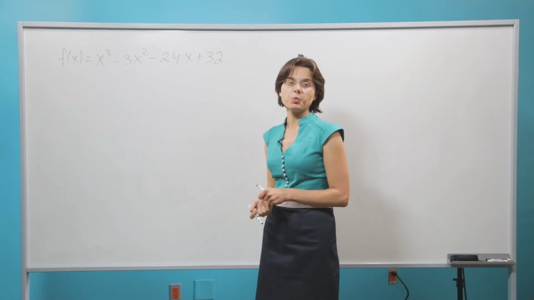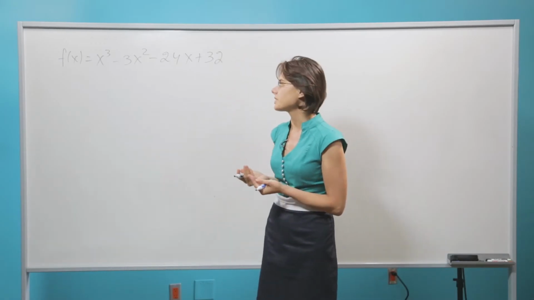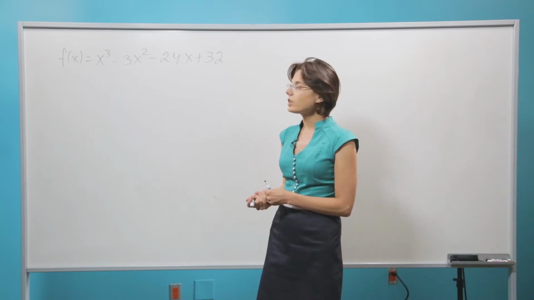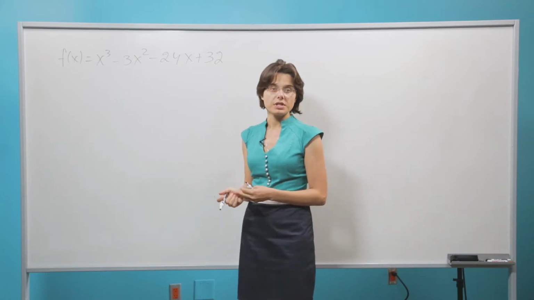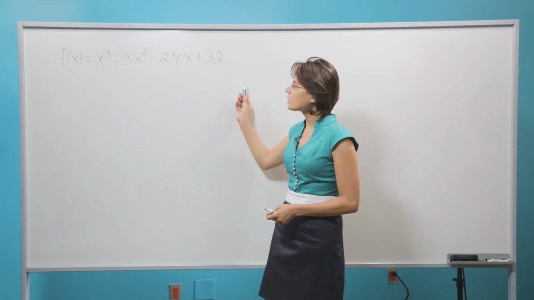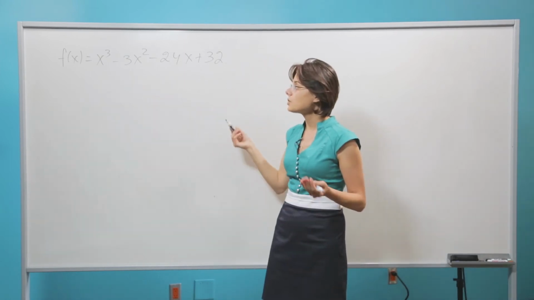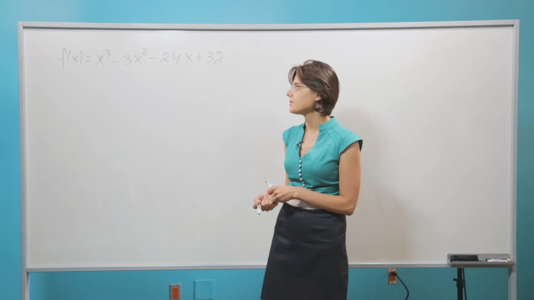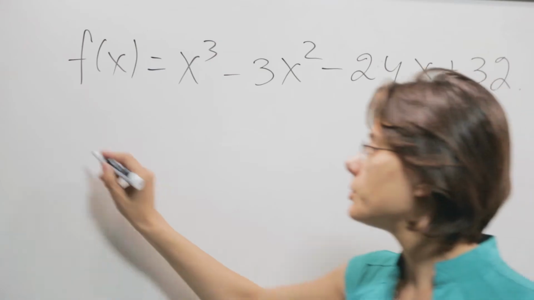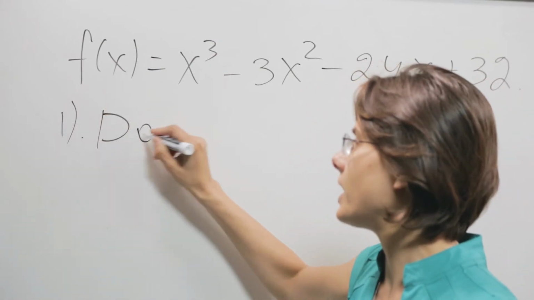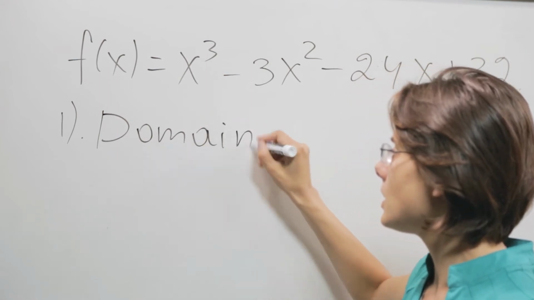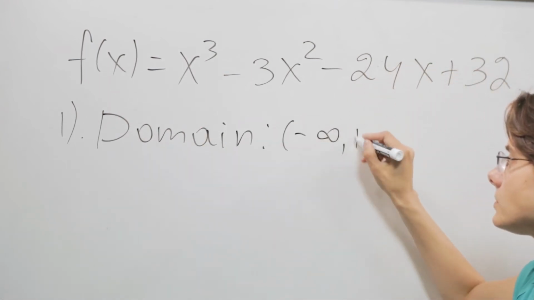My first step is to understand where my function exists, because if you remember, rational functions, for example, wouldn't exist everywhere. In our case, we have a polynomial function, which exists on the whole real line, so there is no problem with this function. We can differentiate it. So first step, we figure out that the domain is the whole real line.